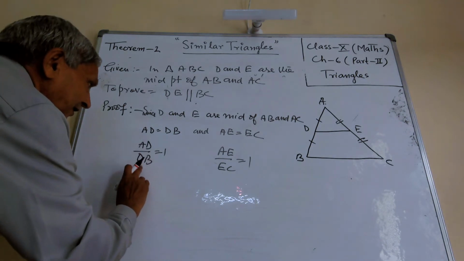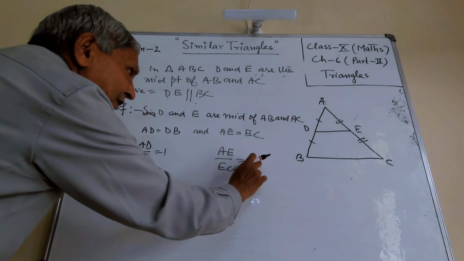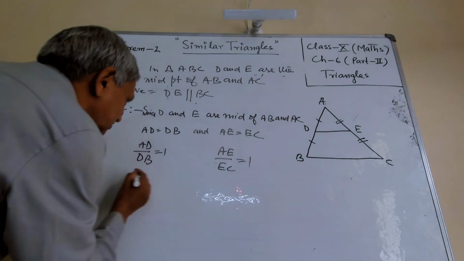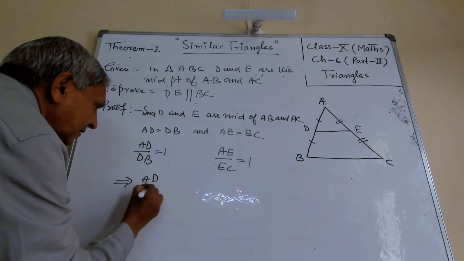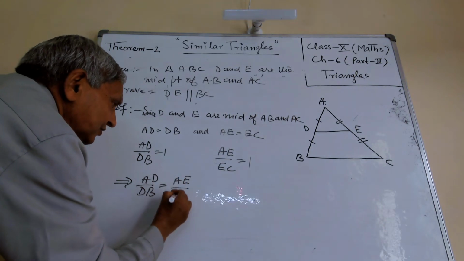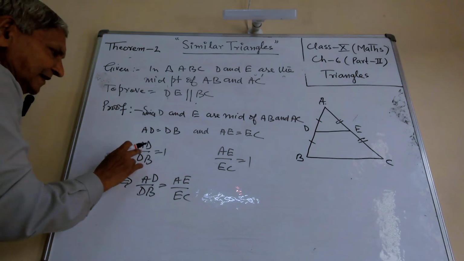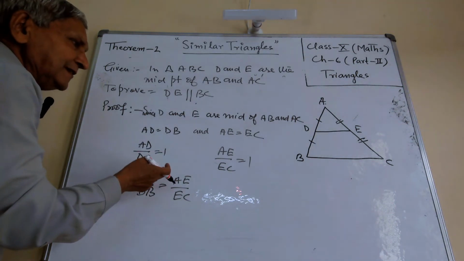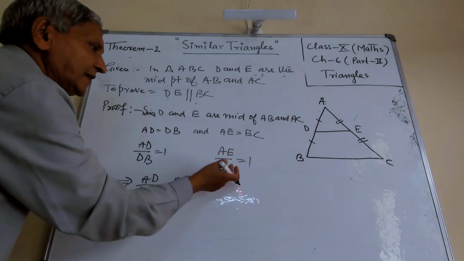Here AD upon DB is 1 and AE upon EC is equal to 1. This implies AD upon DB is equal to AE upon EC. My dear students, when AD upon DB is 1 and AE upon EC is equal to 1, it means both are equal.